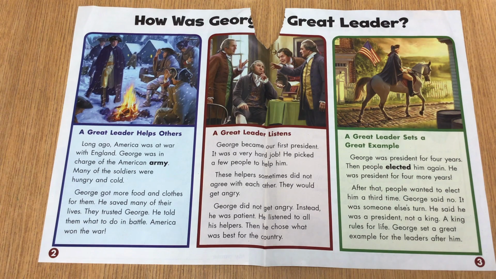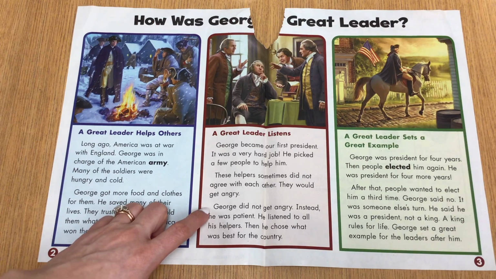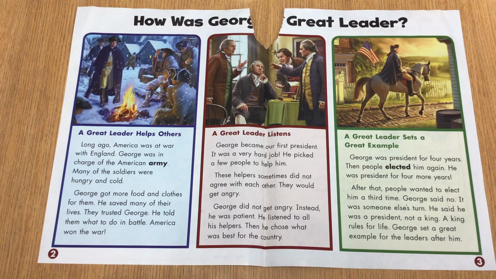That means they did not believe the same thing. George did not get angry. Instead, he was patient. He listened to all his helpers. Then he chose what was best for the country. So as the president, you have to be a good listener, and you have to be really patient.